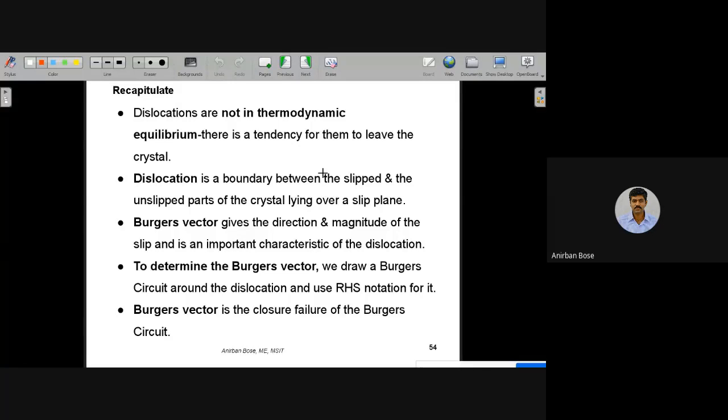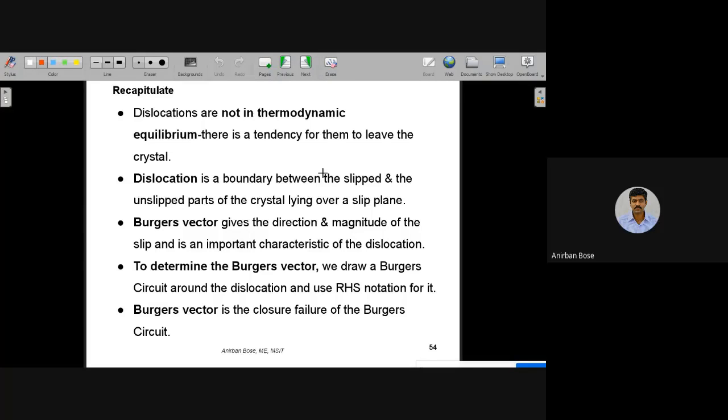Dislocation is a boundary between the slipped and the unslipped part of the crystal lying over the slip plane, that we have understood. Burger's vector gives the direction and magnitude of the slip and is an important characteristic of the dislocation. To determine the Burger's vector, we draw a Burger's circuit around the dislocation and use RHS notation for it.